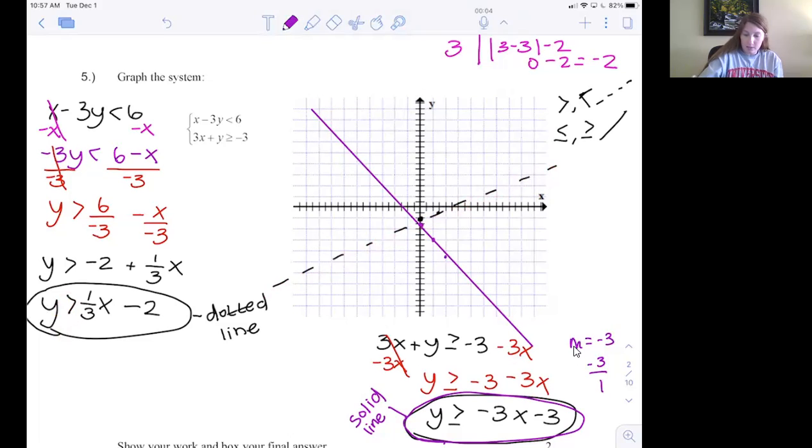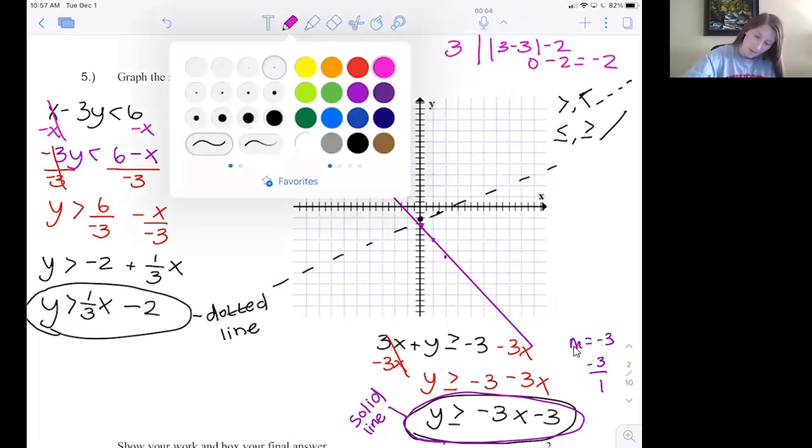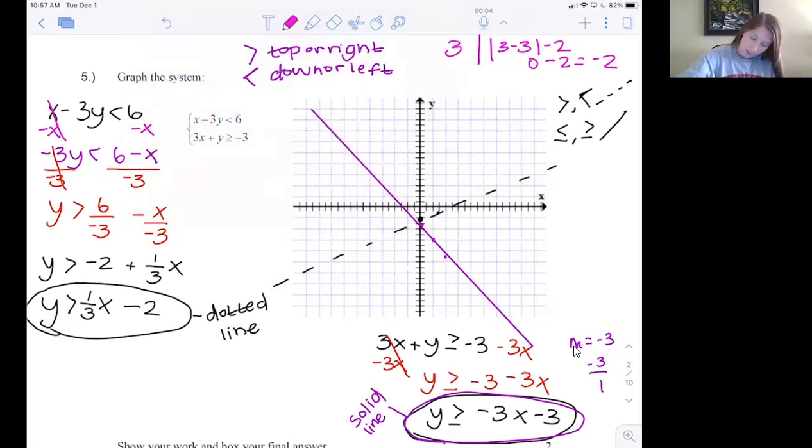So if it's greater than, it's going to be either to the top or to the right of the graph. And if it's less than, it's going to be down or to the left. That's where you're going to shade. So for this black one, because it's greater than, we're shading up here.